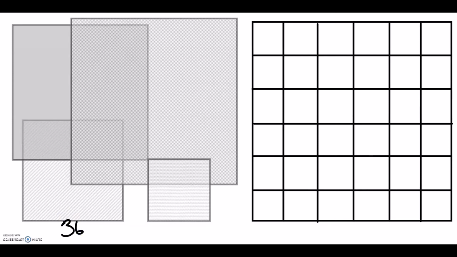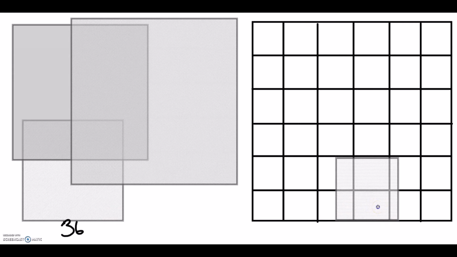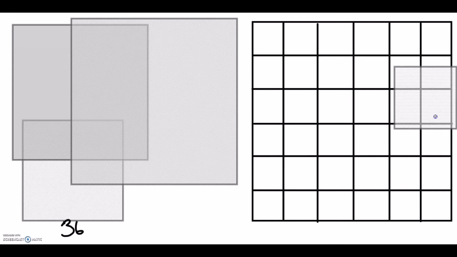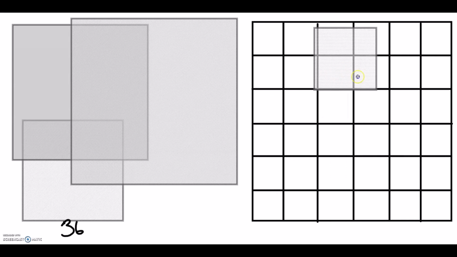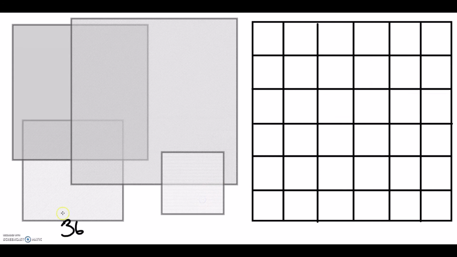squares. And then if we take these 2 by 2 squares, we have 1, 2, 3, 4, 5, 6, 7, 8, 9, 10, 11, 12, 13, 14, 15, 16, 17, 18, 19, 20, 21, 22, 23, 24, 25 of the 2 by 2s.